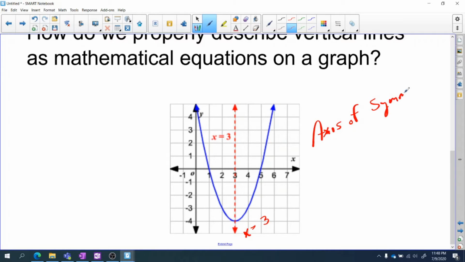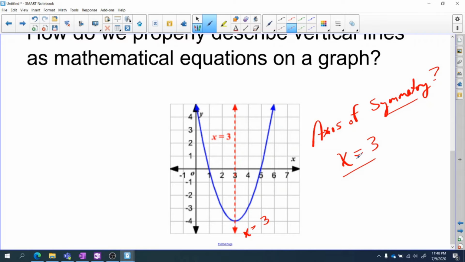Now, unfortunately, I will sometimes get students who say, oh, it's 3. I'll say, oh, you're close, but I want you to use proper notation. The number 3 doesn't describe a line. It's just a number. I want this vertical line, so it would be x equals 3.